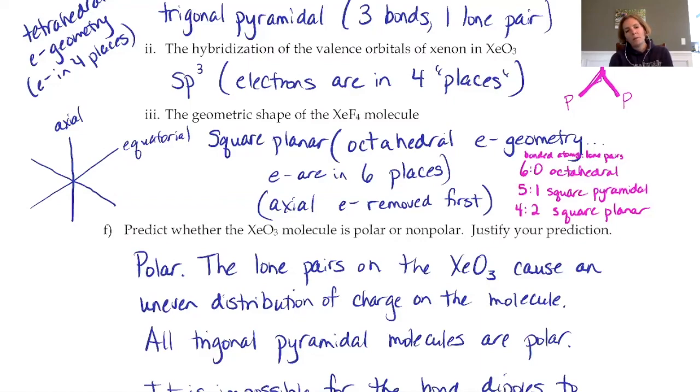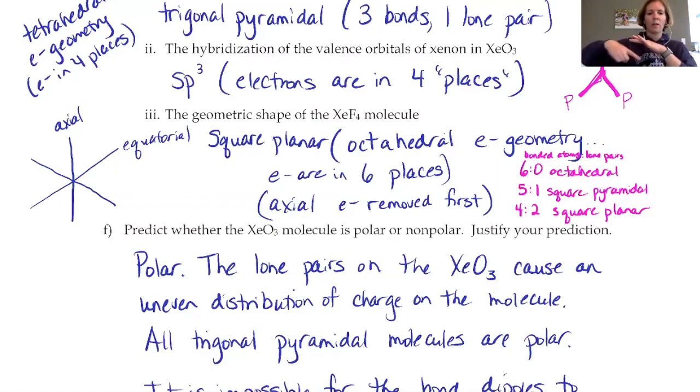You might remember when we did our shapes lab that, for those expanded octet molecules, if you had octahedral electron geometry or trigonal bipyramidal electron geometry and you started to remove electrons, it's like, which one comes off first? Do I take off the axial things, the ones that are up and down, or the equatorial things, the ones that go around?